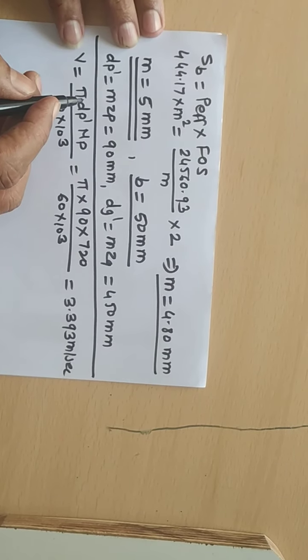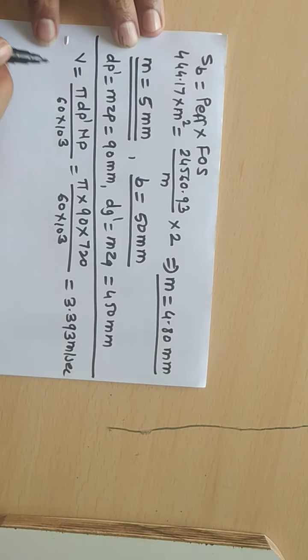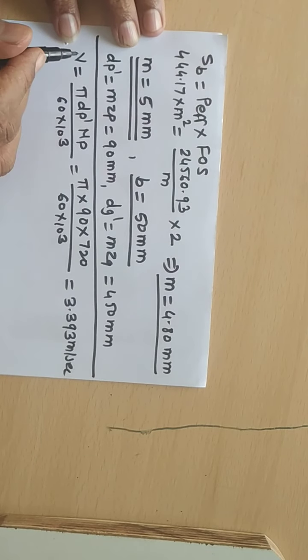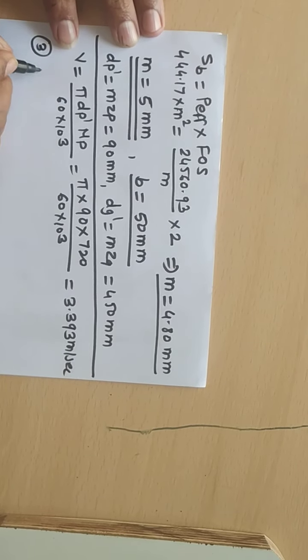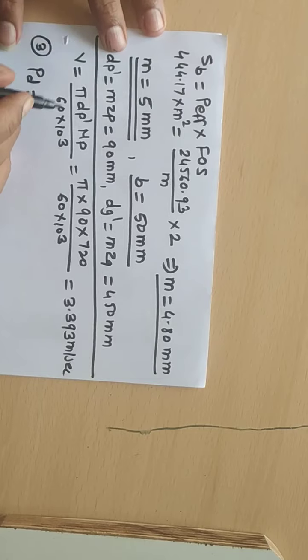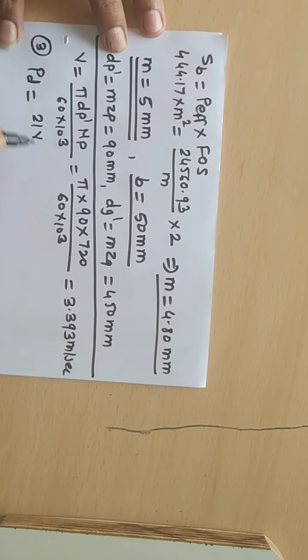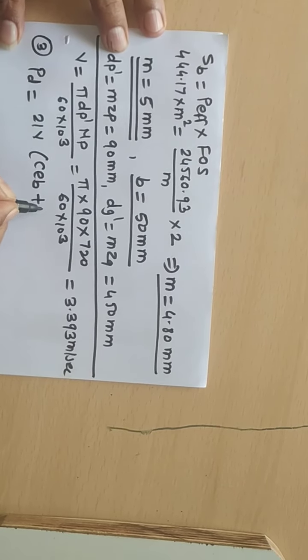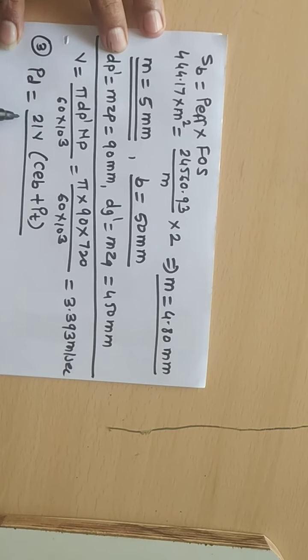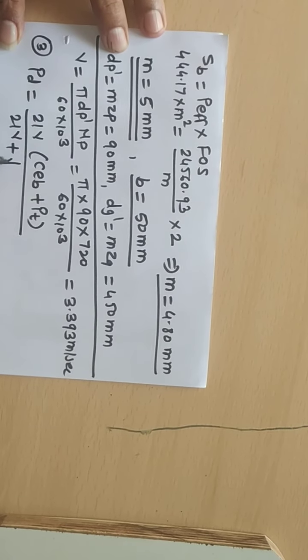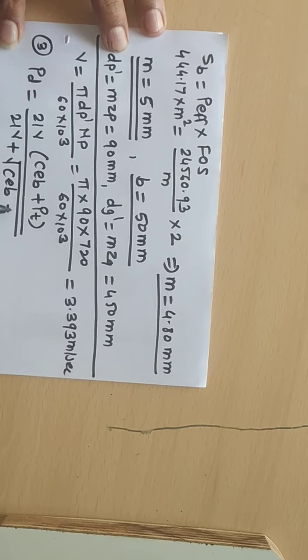This is pi dp dash np upon 60 into 10 to the power 3, and it is in meter per second. Now to solve this, that is to find out the dynamic load, the third answer, find out the dynamic load PD. The PD is given by the equation 21V in bracket CEB plus PT upon 21V plus under root of this term, CEB plus PT.